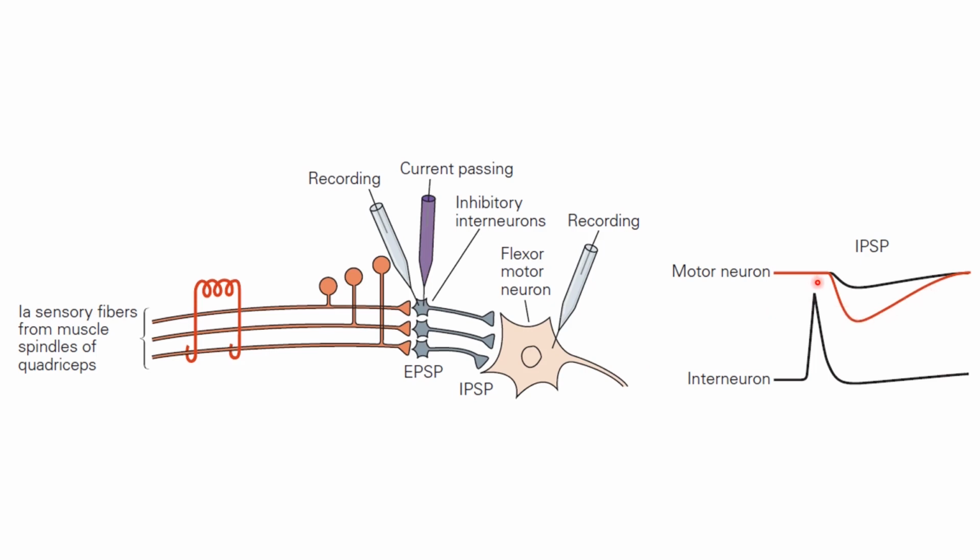And of course, this large hyperpolarization will not result in an action potential because there is nothing like a negative action potential. And since there is no action potential, this will not result in release of any neurotransmitters from the motor neuron. So you might be wondering what is the point of having these IPSPs if they do not result in release of neurotransmitters.